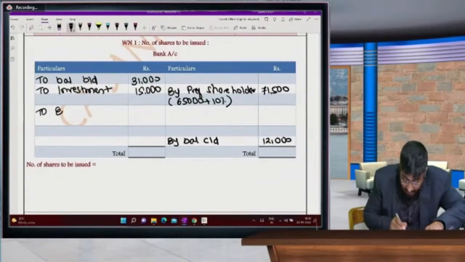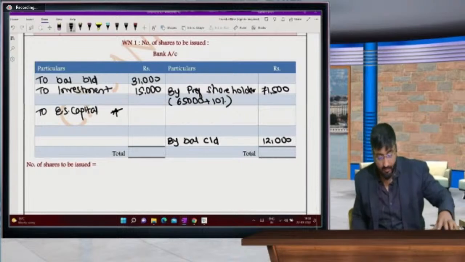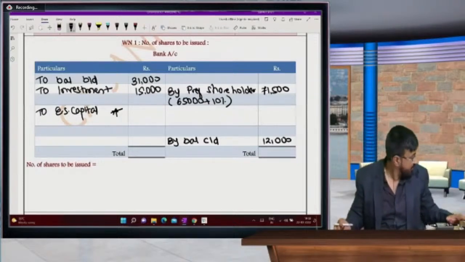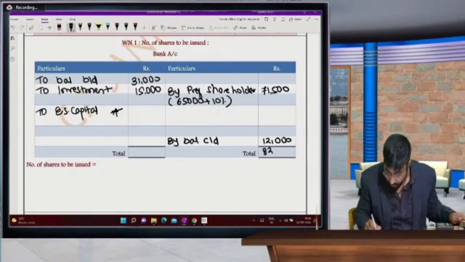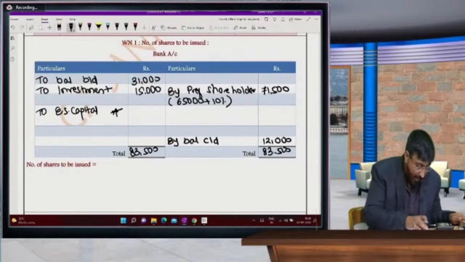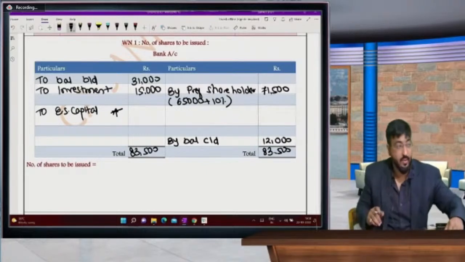And balancing figure to equity share capital. Tell me the balancing figure. 71.5 plus 12, 83,500 minus 31, 37,500.